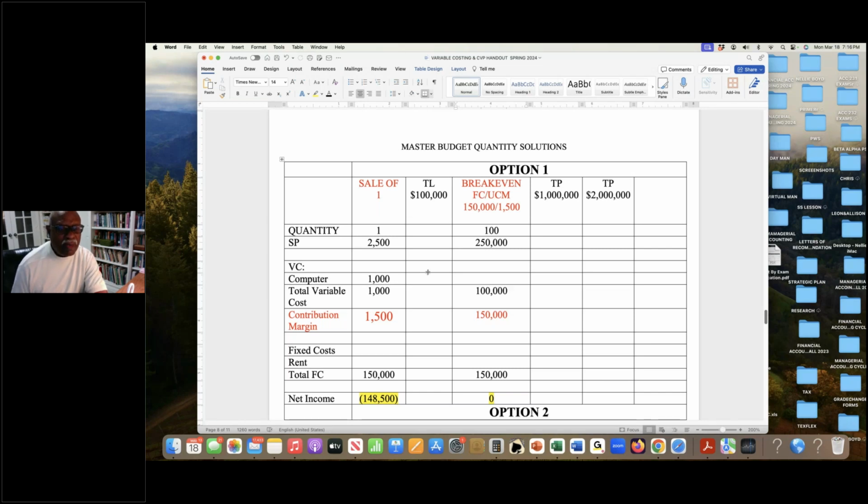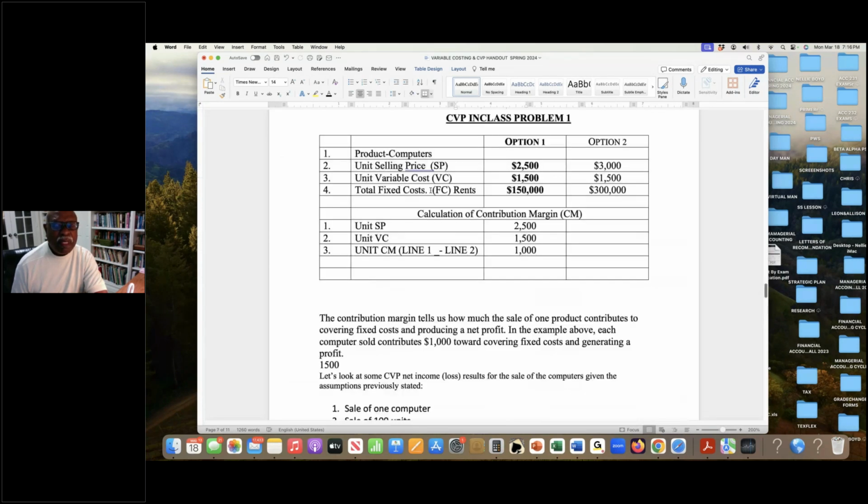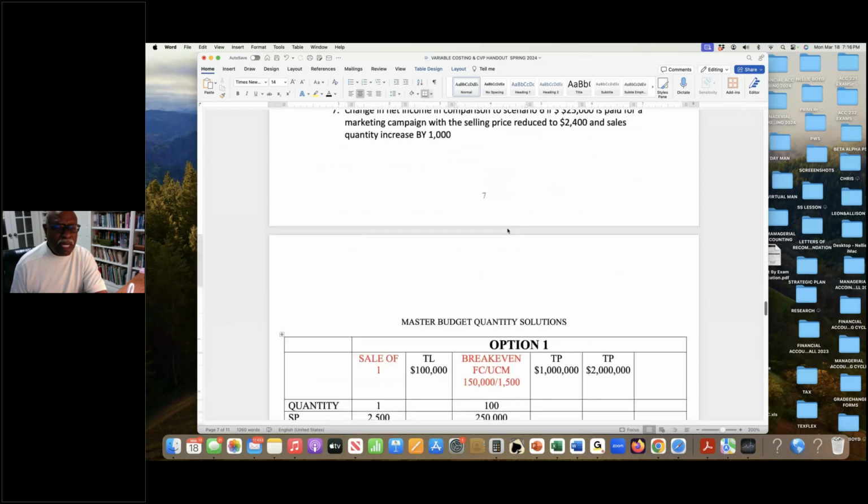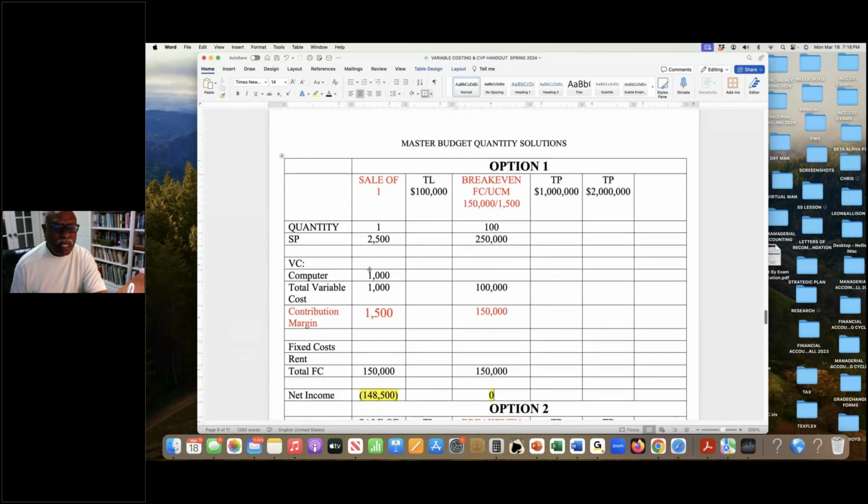Okay, the selling price is 2,500, right? Did I flip those from the information? The selling price is right. We were using 1,500, correct? Okay, well, that's a good thing. Go ahead and rework it.